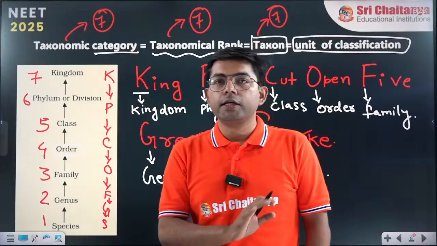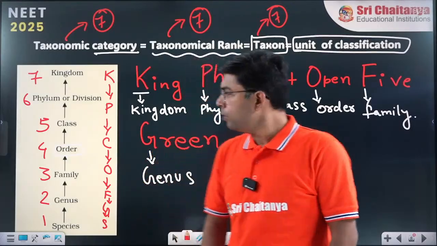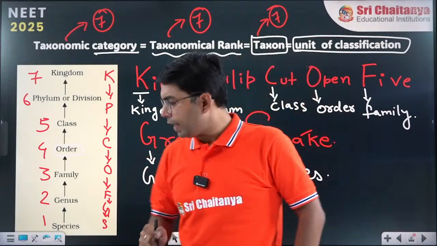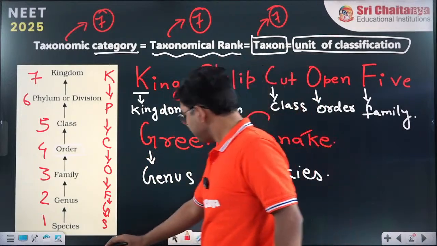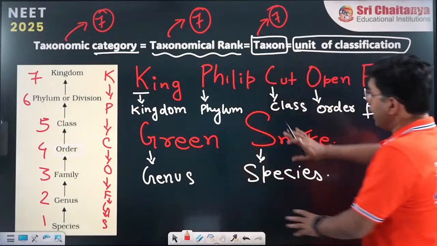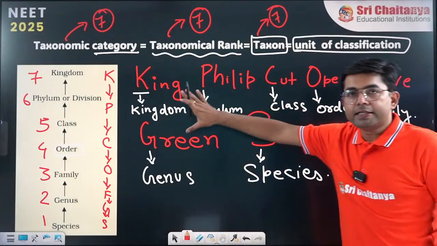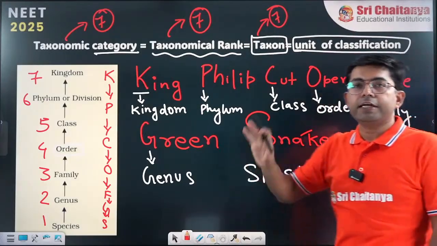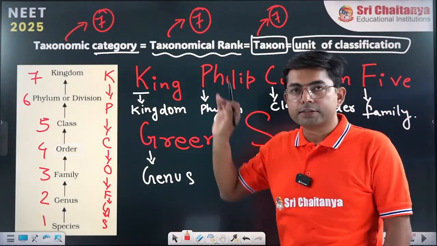Is this point clear to all? One more important thing I would like to mention: I think all of you have noted this down, King Philip cut open five green snake, and you will never forget this correct order.